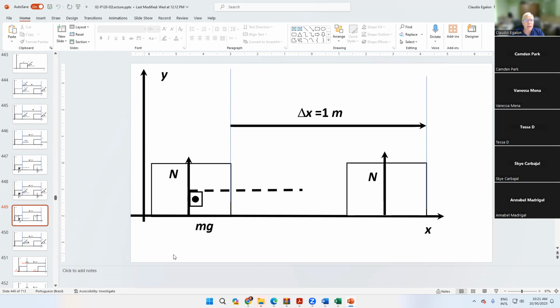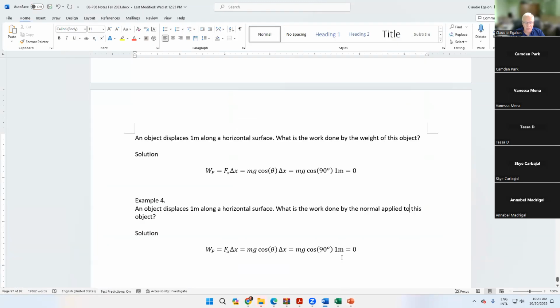Just like before, the normal in this case makes an angle of 90 degrees with the horizontal as well. Consequently, it's just like we had before.